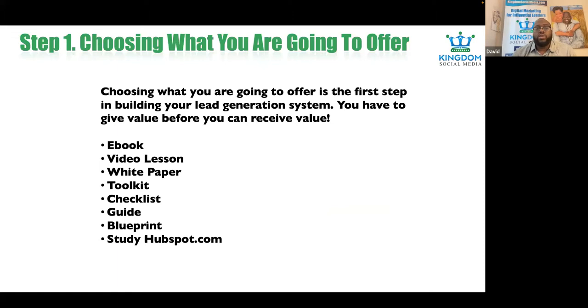Here's what you could offer in your process: ebook, video lesson, white papers, toolkits, checklists, guides, blueprints. I've got just about every one of these kinds of things, right? I'll tell you what's easiest if you're just beginning: ebook, checklist, toolkit. Those are probably the easiest to start developing with for now, as you're building this out.